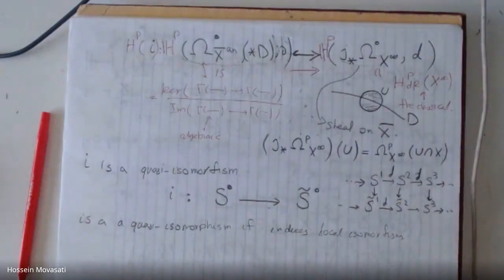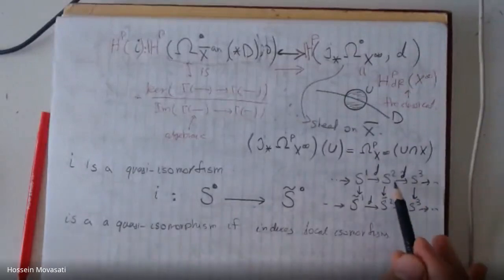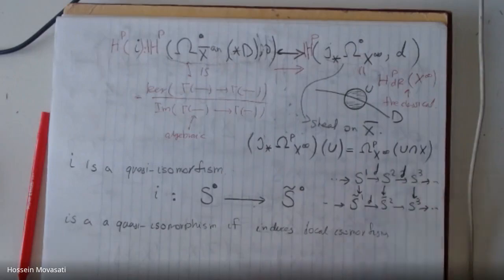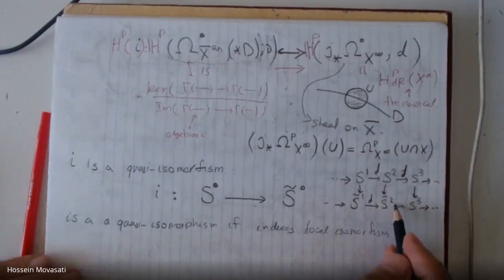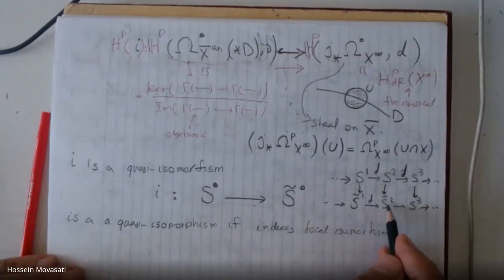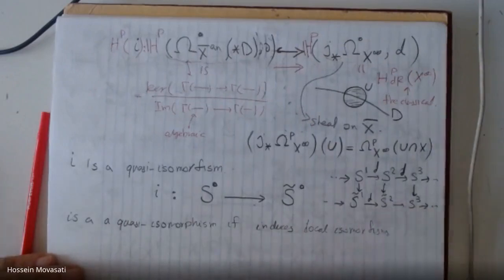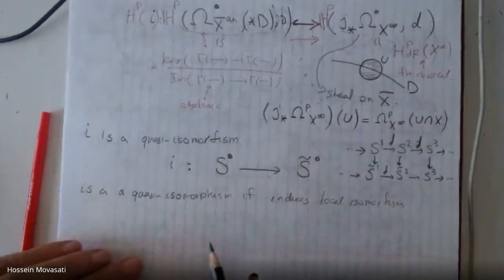Okay, so let's explain. The point is that locally around a point, you can take the kernel of D divided by the image of D. In the same way, you can here take, around the point, the kernel divided by the image, and then we will have an induced map, and this must be an isomorphism.